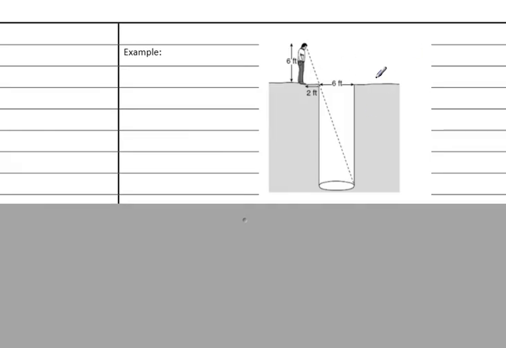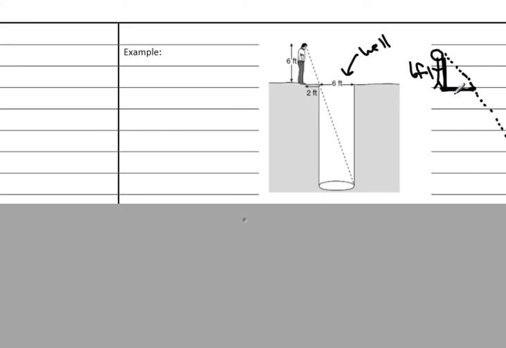Okay, so when you draw this next example, you can just draw a stick figure, and you want him to look like he's looking downwards. And this part will represent his height, which is 6 foot. This represents how far away he is standing from, this is going to be a well.